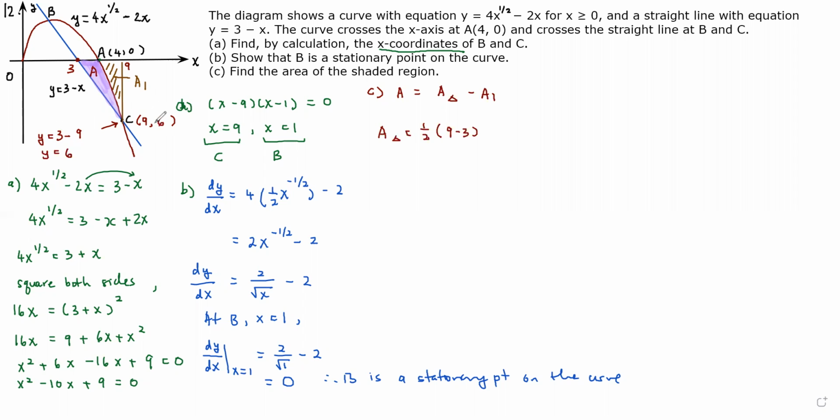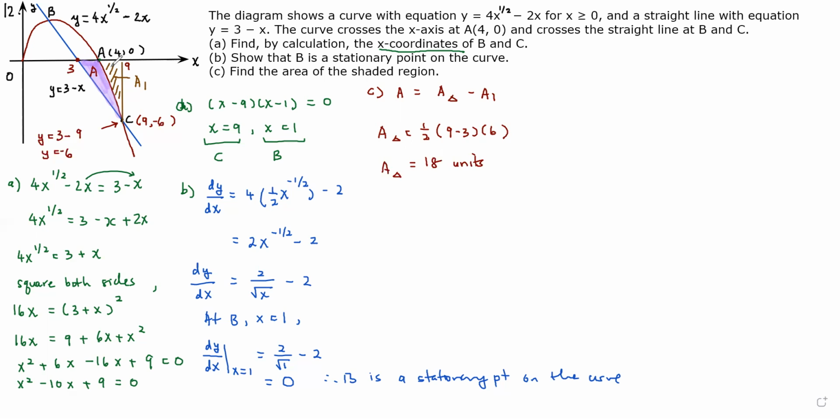The y coordinate of C is negative 6. Then the height of this triangle is given by 6. The area of the triangle is 18 square units.